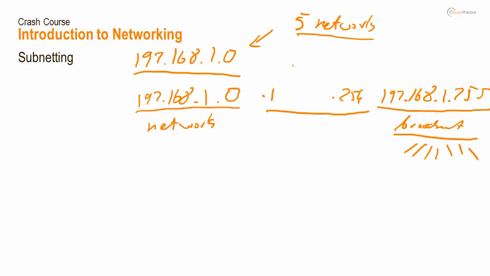For security reasons, for many other reasons, you will not get 5 ranges. What I mean by that, they could just give you 192.168.1.0, 192.168.2.0, 3, 4, and 5.0. Okay, 5 different ranges. But you just need 25 IP addresses and there are 254.